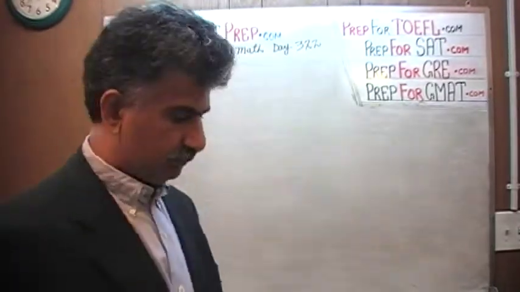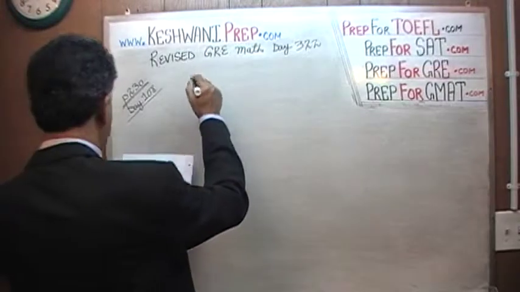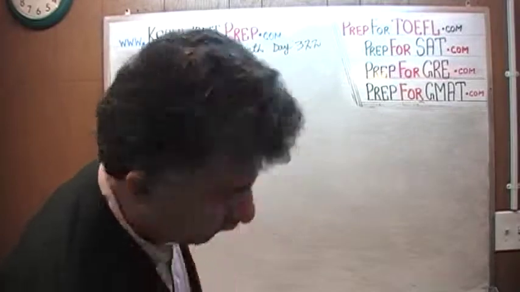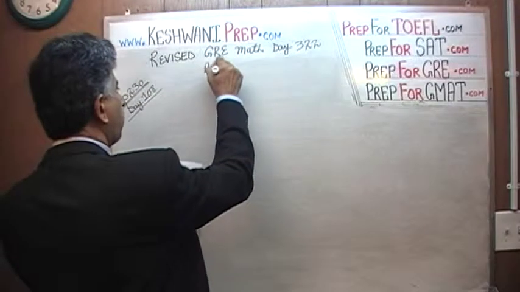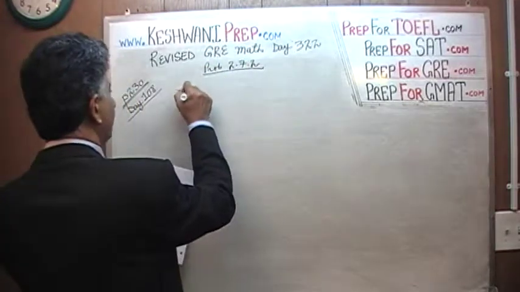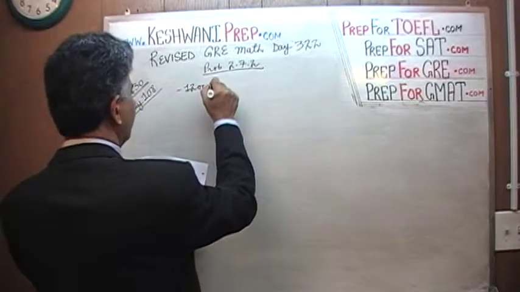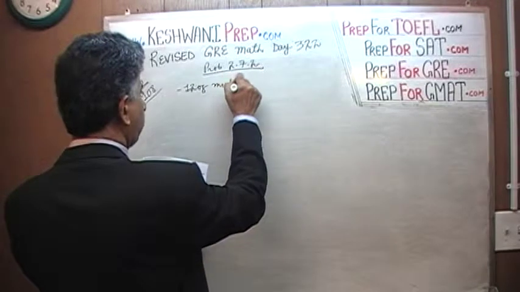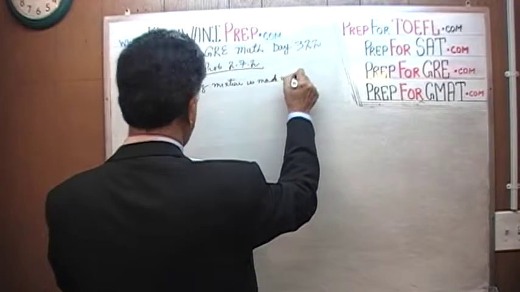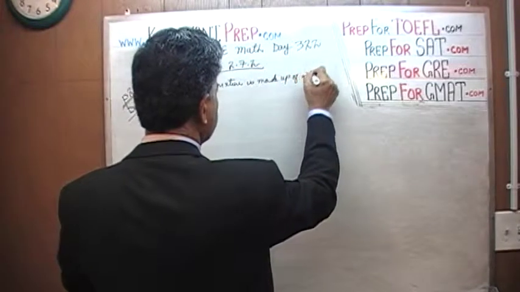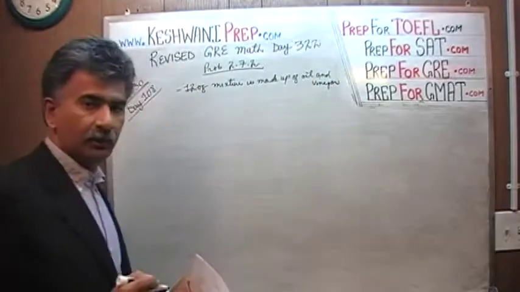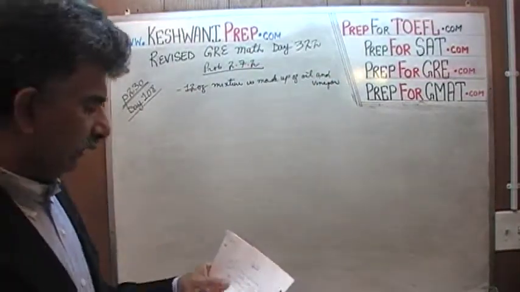Let's take a look at it. 2.7.2 is what we're doing here. We are told that we have a 12-ounce mixture which is made up of oil and vinegar.